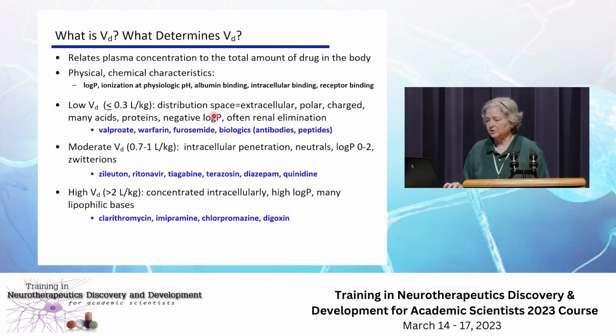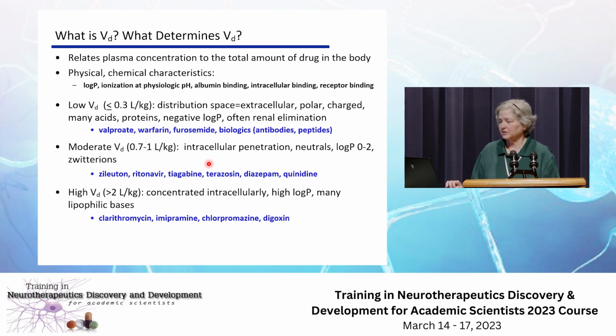Compounds with low volumes of distribution tend to be polar, tend to be charged, are often proteins, so monoclonal antibodies. They are often renally eliminated. Some examples of low volume of distribution compounds are here.